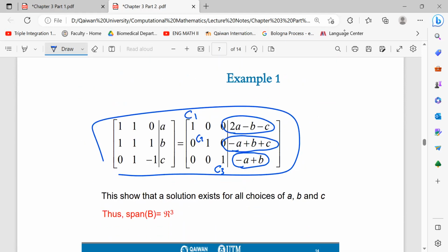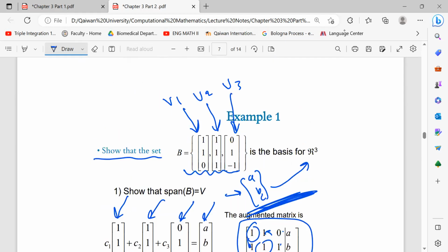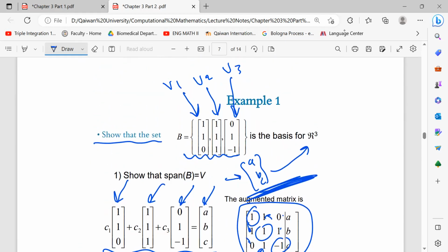If you couldn't get values for C1, C2, C3, that means if you get some impossibilities here, if this equals 0, in this case, we don't get any value for C3, and also 0 doesn't equal minus A plus B. In that case, we say it's not a linear combination of the vectors V1, V2, V3.